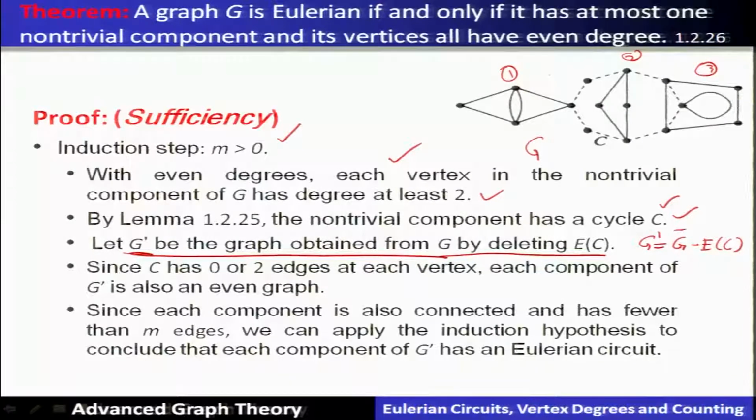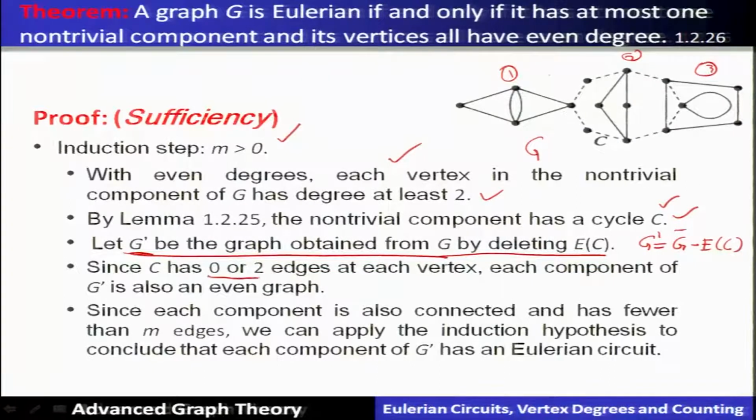Now, since C, that is the cycle, has 0 or 2 edges at each vertex, each component of G prime is also an even graph. Why? You can see that the vertex which touches this particular cycle has degree 2, and the other vertices which are not touching this cycle have degree 0 in this cycle.